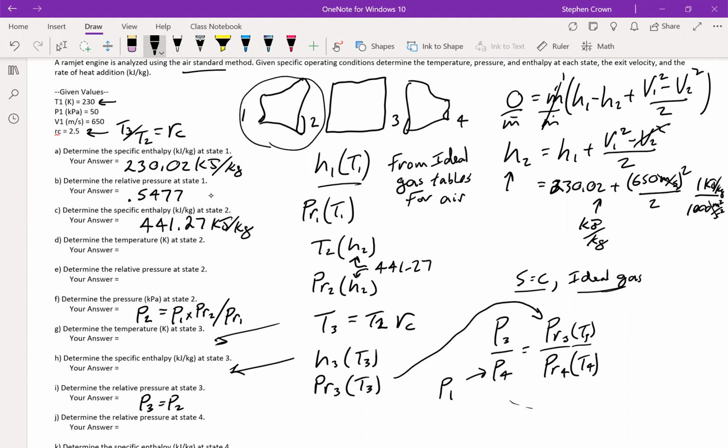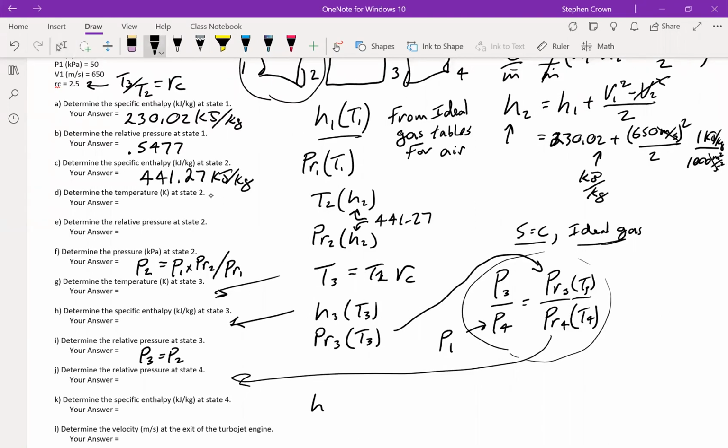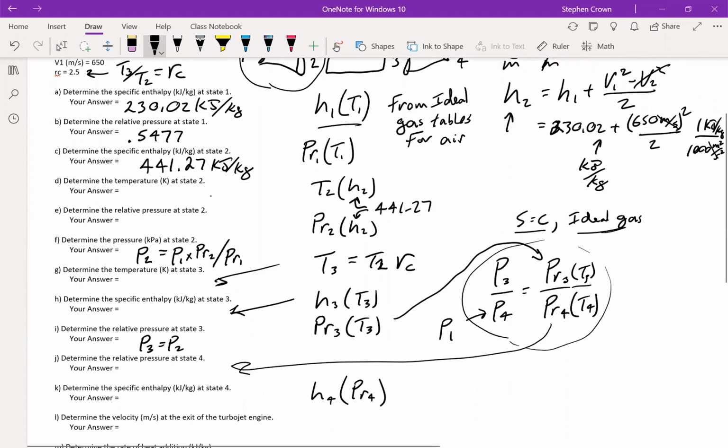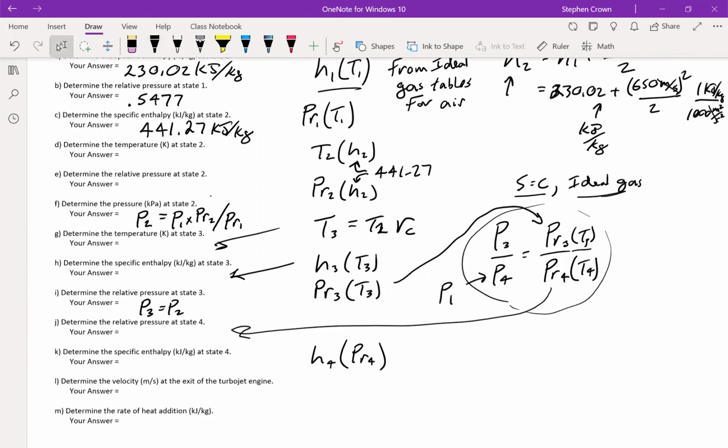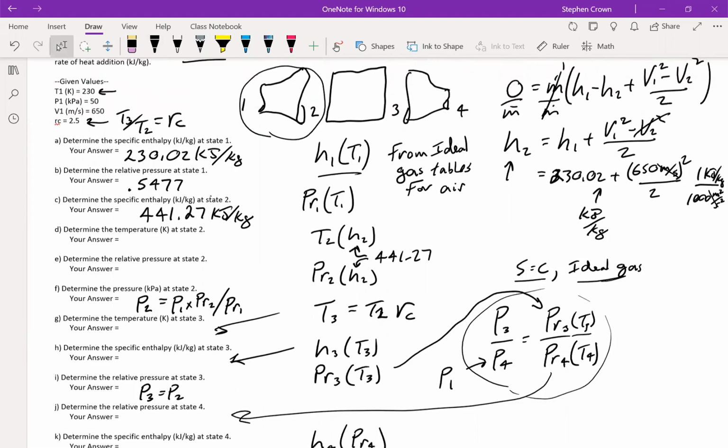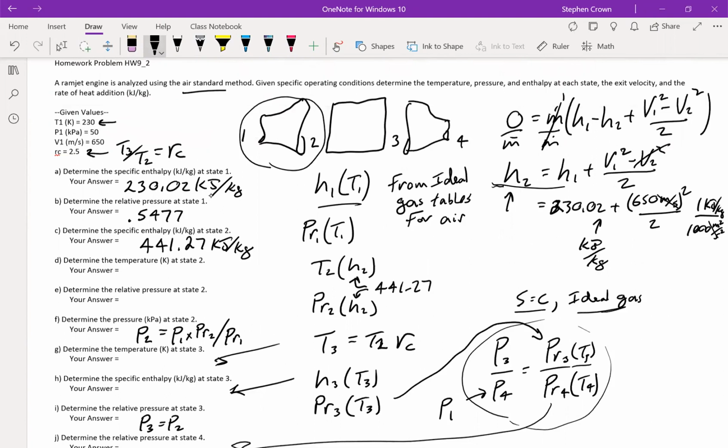So use this expression to solve for PR4. And then from PR4, we can find the enthalpy. The enthalpy 4 would be a function of PR4. And then finally, we'll find the velocity like we did up above using the ideal gas law, this relationship. So now we'll be using it to relate states 3 and 4.